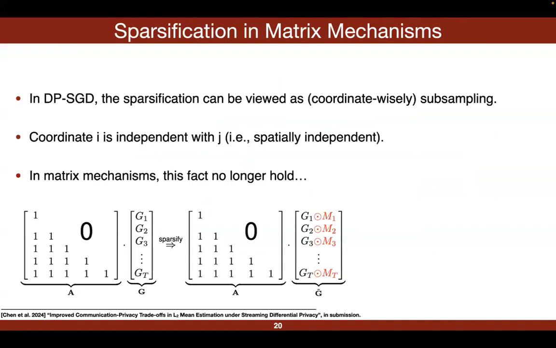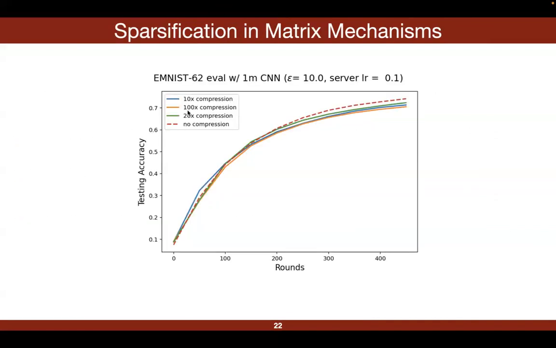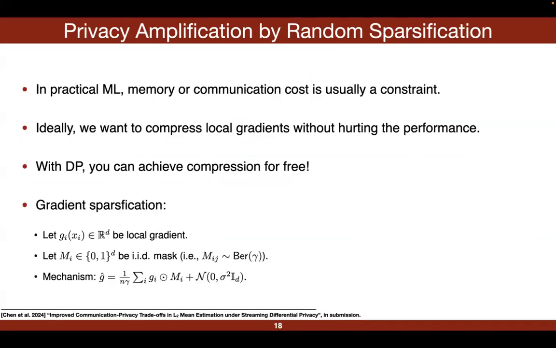But for DPF-TRL, we can compress at most 20 to maybe 100x. Here, 100x means the Bernoulli mask gamma is only 0.01, so out of 100 you drop 99 of them.